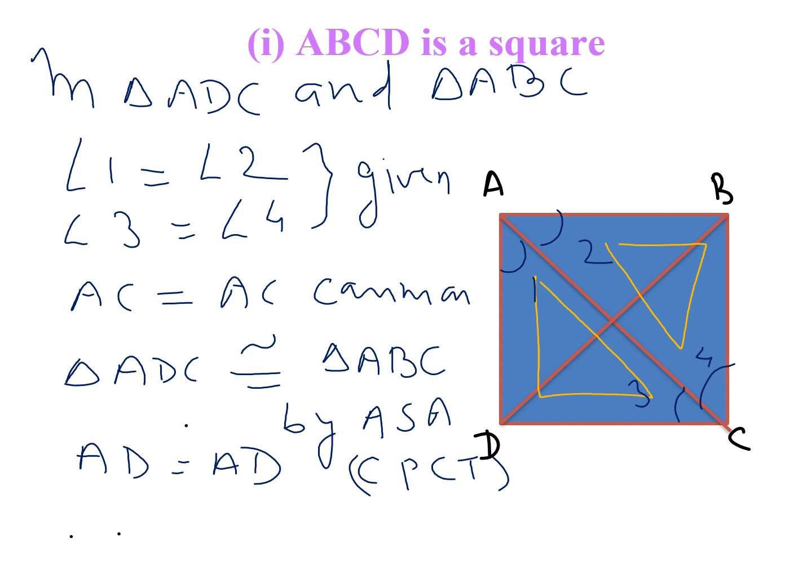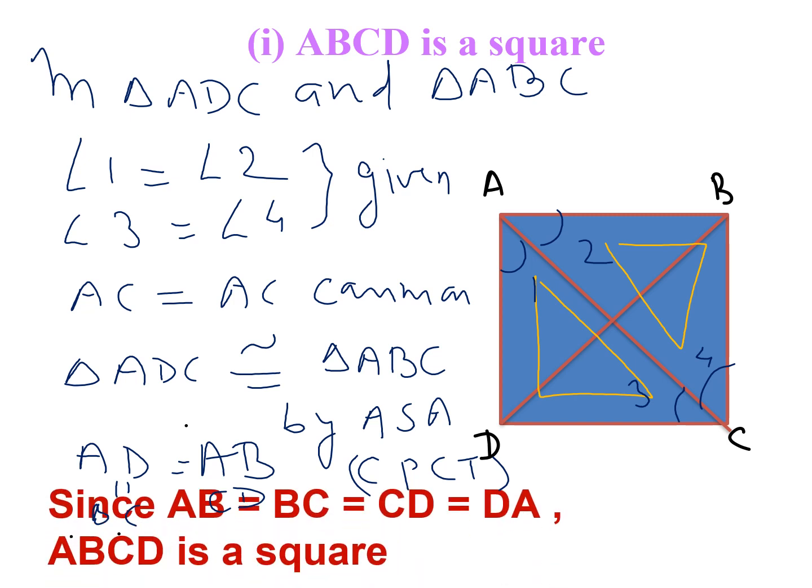So AD is already equal to BC, and AD is equal to AB, and AB is already equal to CD. Since all the four sides are equal, hence ABCD is a square.